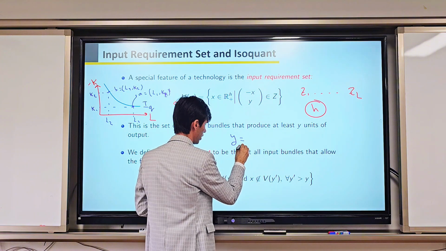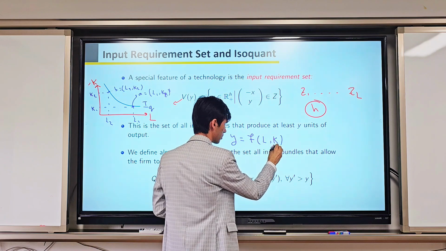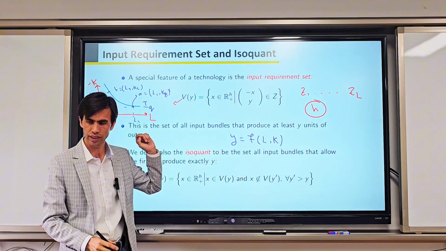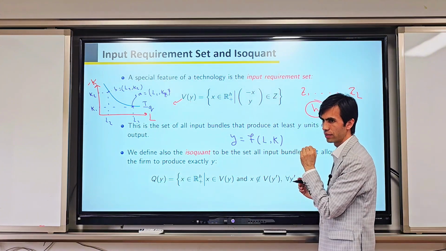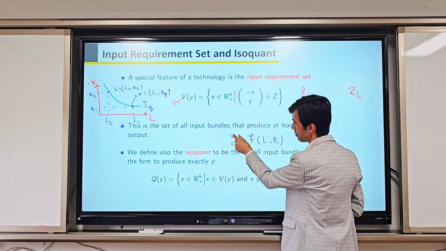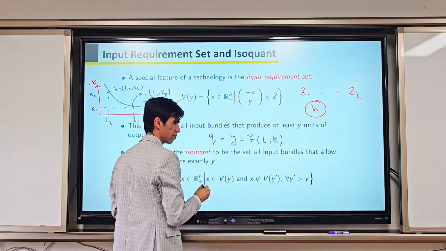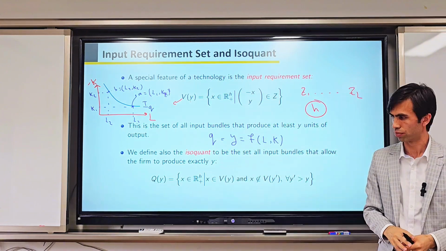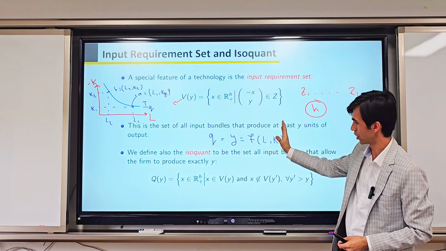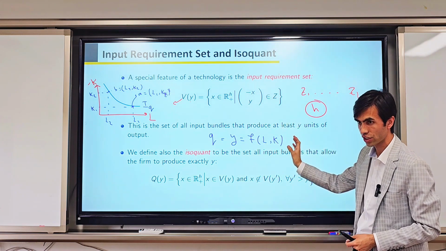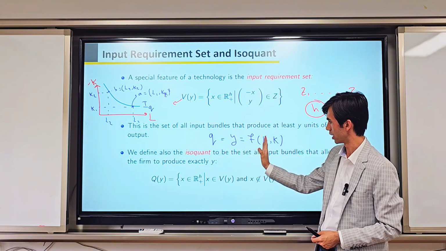We can write Y as a function of labor and capital, but with this equality sign it shows all the different combinations of labor and capital that produce exactly the same amount of output, Y. Or we can use another notation, Q, which is the quantity of your output. So all the different combinations of capital and labor that you use in the production process, under the condition that they give you exactly the same amount of output, is called an isoquant.